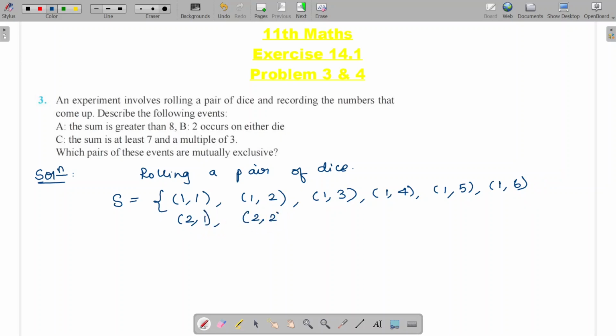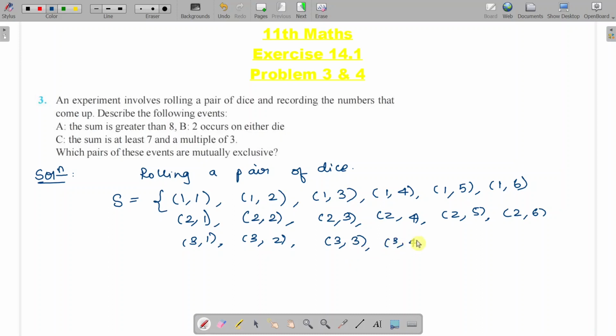Then 2 we will get here, 2 3, like this you have to write. 2 4, okay, 2 5, then 2 6, right? Then 3 comma 1, 3 comma 2, then 3 comma 3, then 3 comma 4, right?